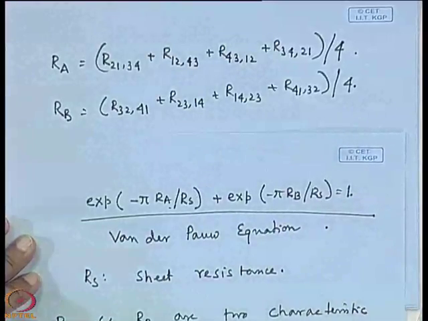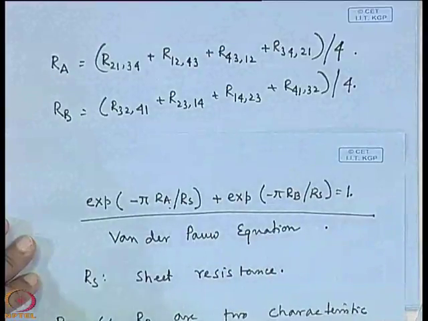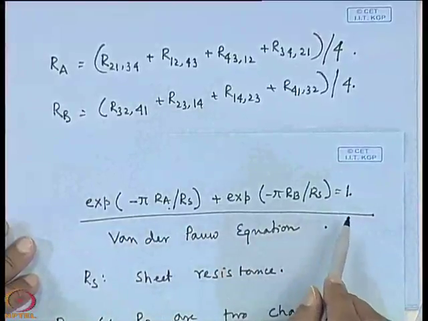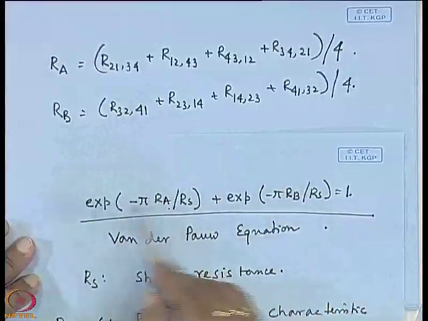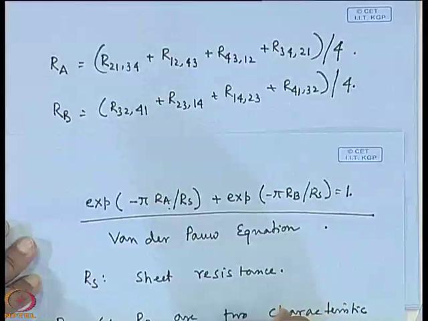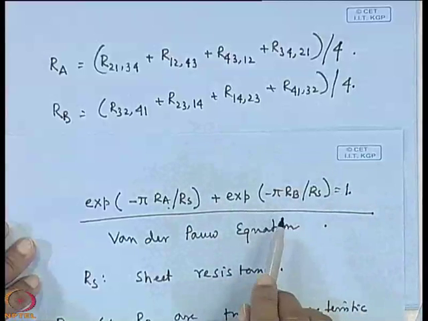You have to make a very small computer program and take advantage of iteration, because this plus this will be 1. Every time you calculate this with that and take the difference, you check whether it is very close to 1.